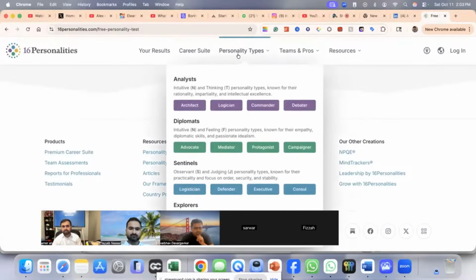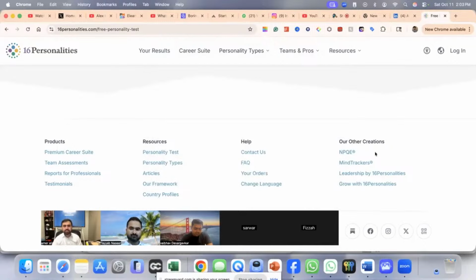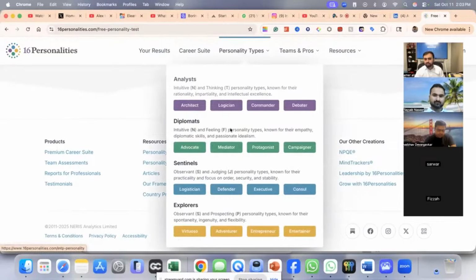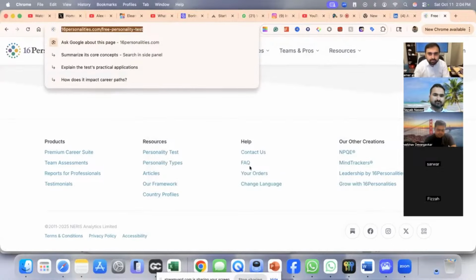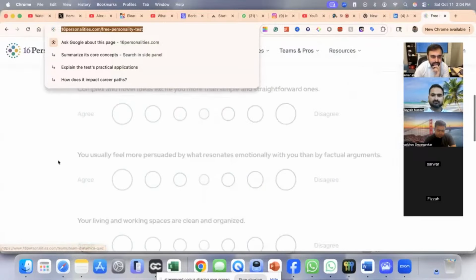These are the 16 personality types: architect, logician, commander, debater, advocate, mediator, protagonist, campaigner. Once you solve this, you will be able to solve any question that comes in this type of test. I'm giving you this link right now. Solve this one. I'm also going to solve it with you guys.